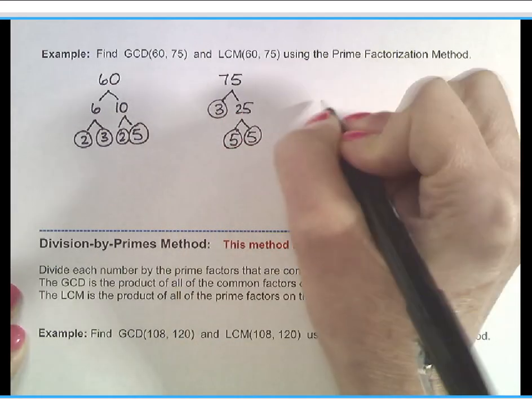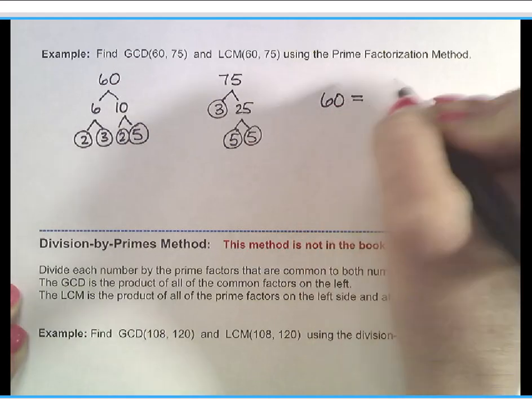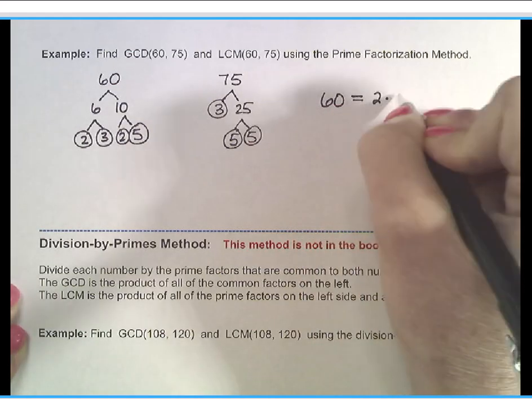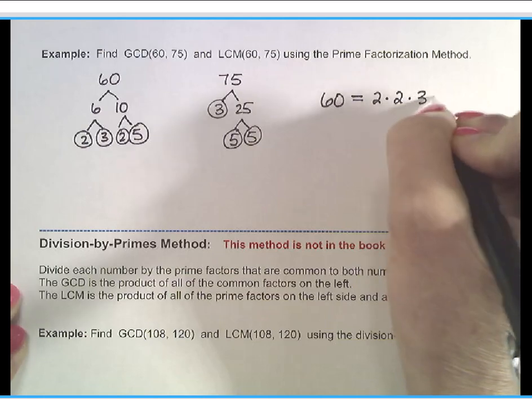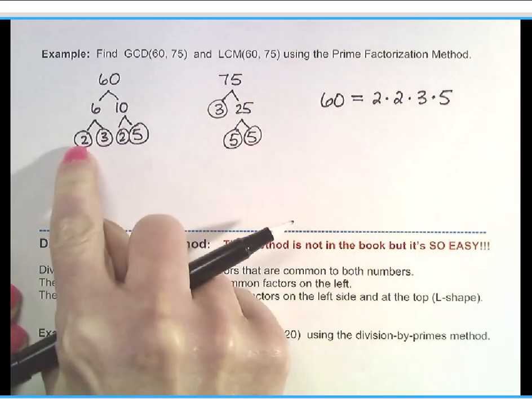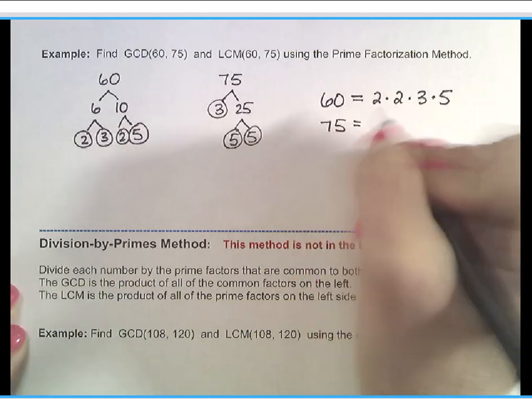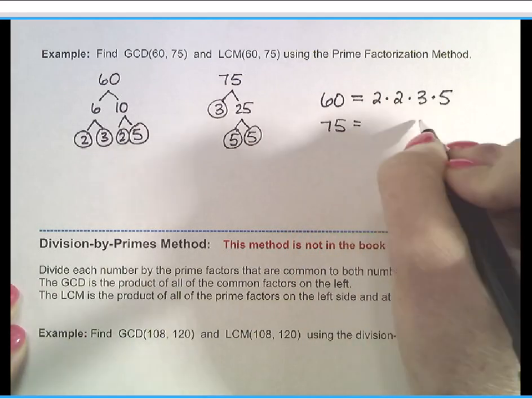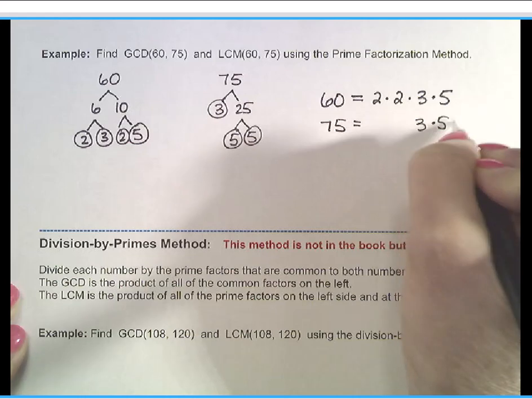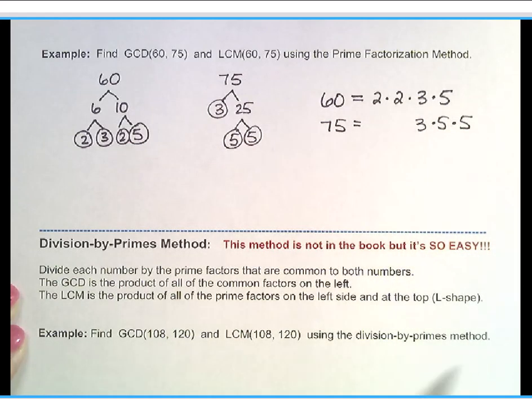Okay, so let me write it out. I like to stack them up vertically. So I have 2 times 2 times 3 times 5. That's for 60. And then for 75, I'm going to write it over here so that they line up a little bit better. 75 is 3 times 5 times 5. So if I stack it up like that, it makes it a little easier to find what's common.